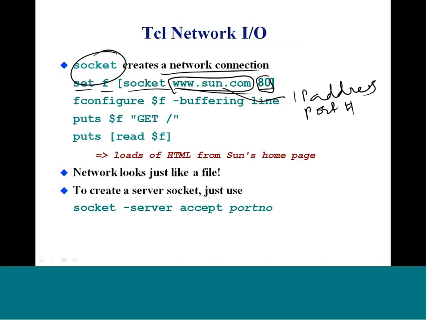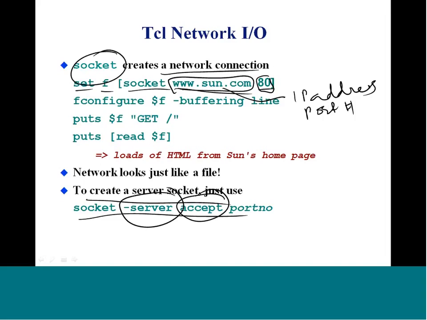But there's also an additional argument you can specify, which is accept, and when we specify accept, we turn a particular machine into a server. This means it's a server socket. So your machine is now going to act like a server, and it will service requests from other clients.